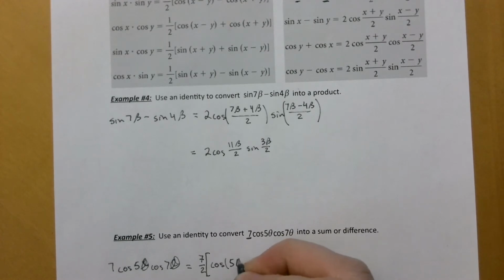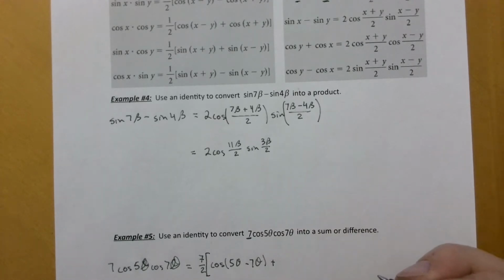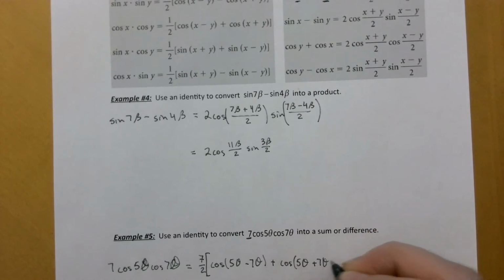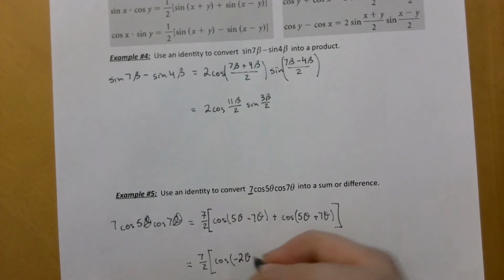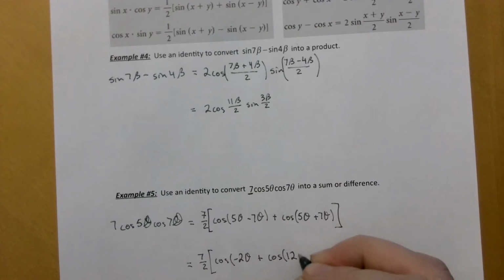So that's 5 theta minus 7 theta, and then plus cosine of the sum of those two, cosine of 5 theta plus 7 theta. Okay, again, let's do the arithmetic within this and then see if we can do anything from there. So this becomes cosine of negative 2 theta plus cosine of 12 theta.